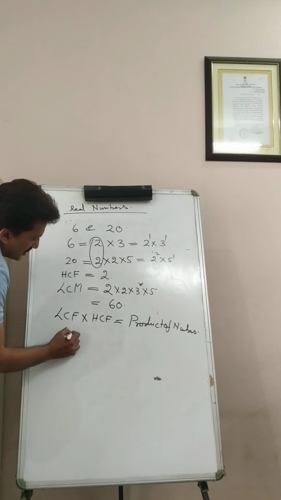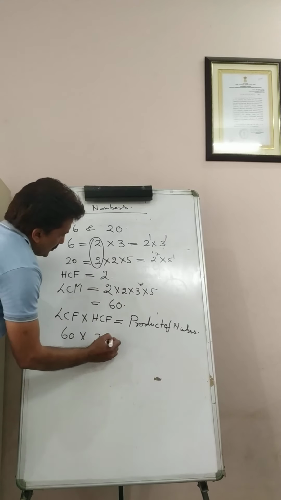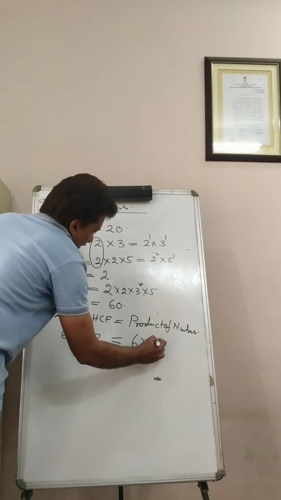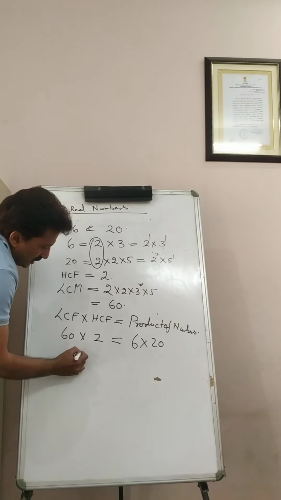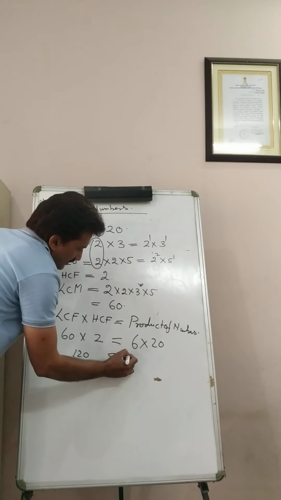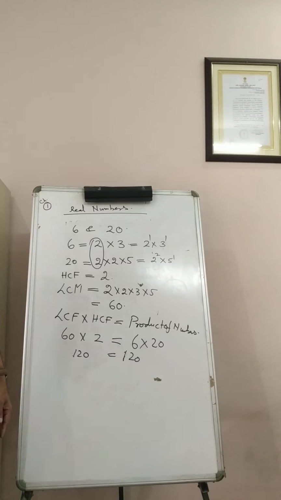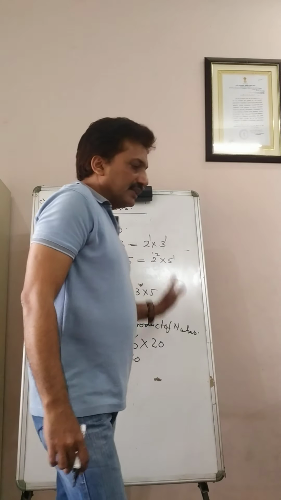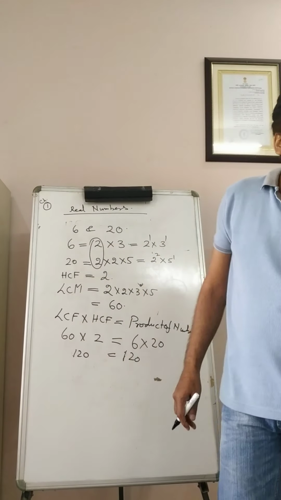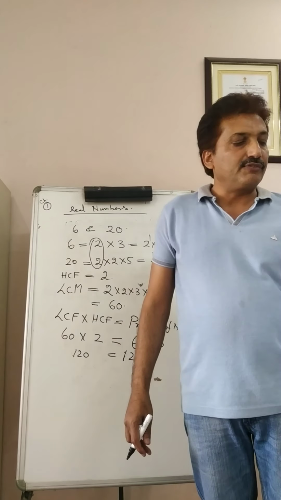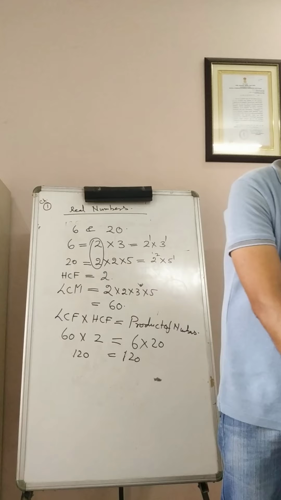LCM is 60, HCF is 2, and the first number is 6 and the second number is 20. So you will get 120 here and 120 here. Both sides are the same. So this is proved, and you can verify the LCM and HCF with this.